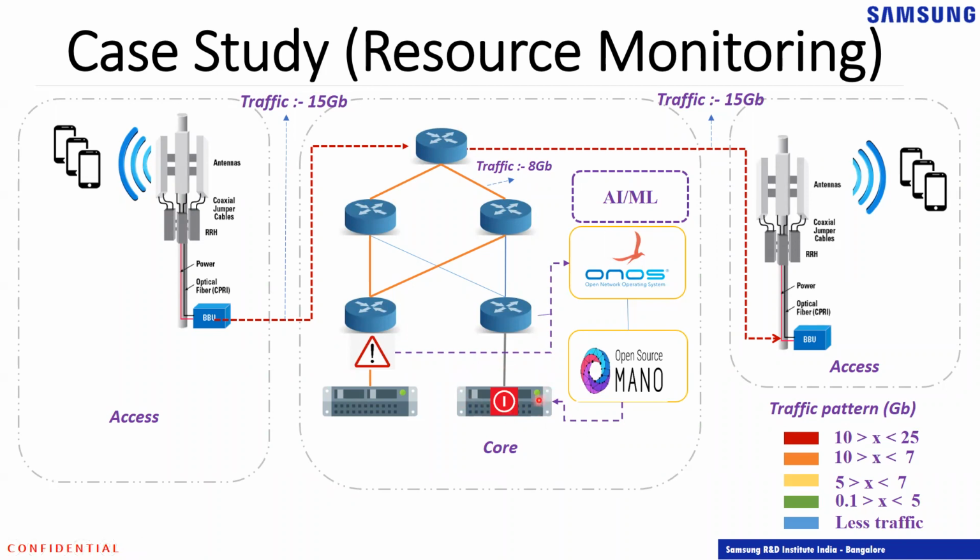With the help of that prediction, we can avoid these anomalies, and we can make this run smoothly without any traffic loss. This is one of the case studies showing how AML is benefiting our applications, our ONOS automation.